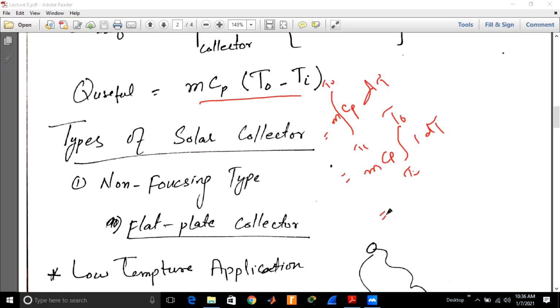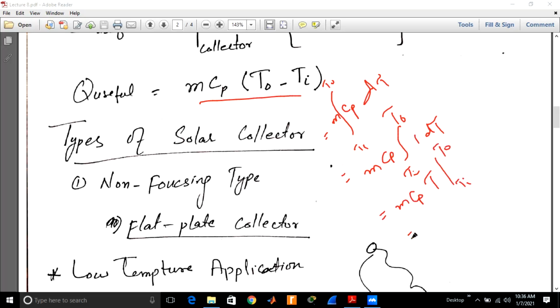And you know that M, this is the Cv, and what is the integration of 1? This is capital T, and take the upper and lower limits.